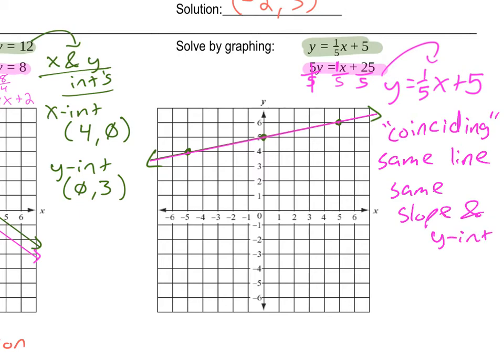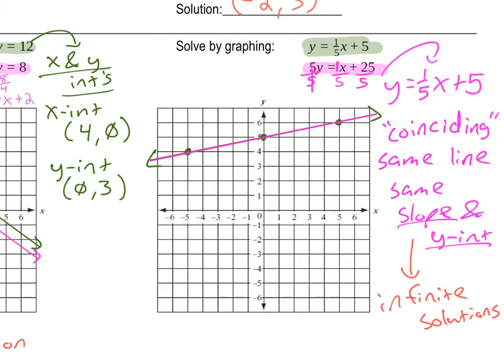Yeah, we see the exact same equation. So how many points of intersection are there? Every single possible one. So an infinite number of intersections. So when we see the same slope and the same y-intercepts, and we graph them and we see the same line, we're going to think of these as infinite solutions.